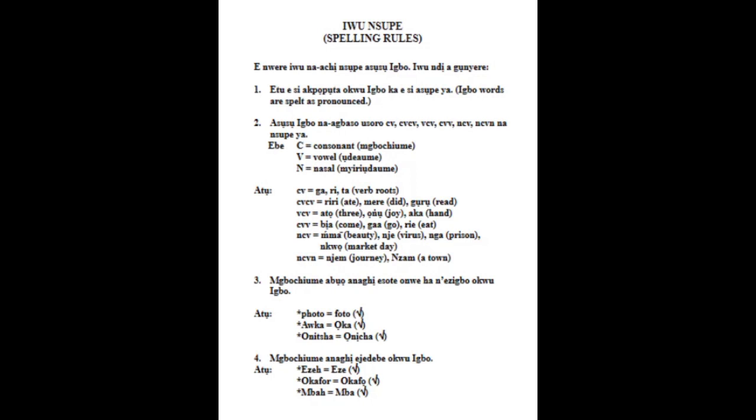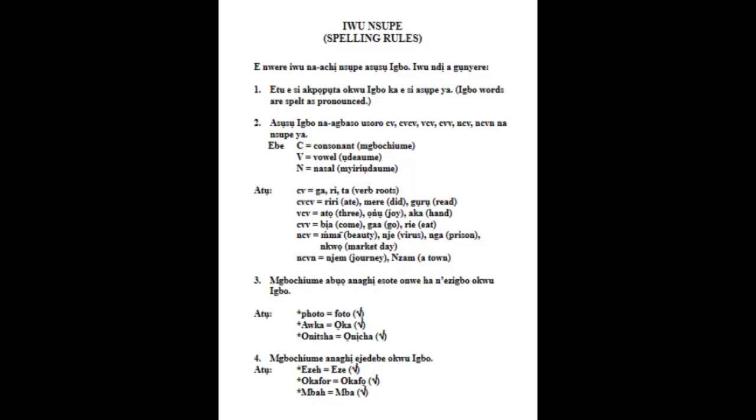We have number one, photo. Photo in Igbo, you have the representation of PH. Fi, photo. Oka is a name, it's a town. Actually, the town you live in. The correct spelling is Oka, O-K-A.